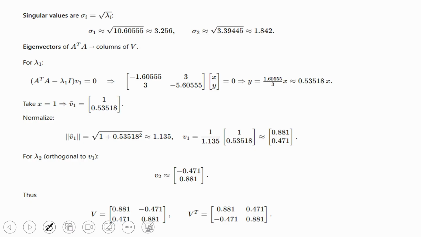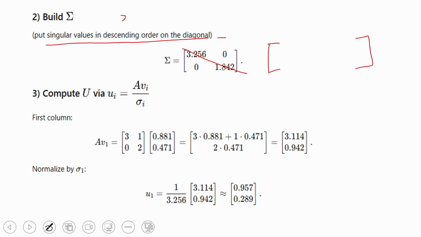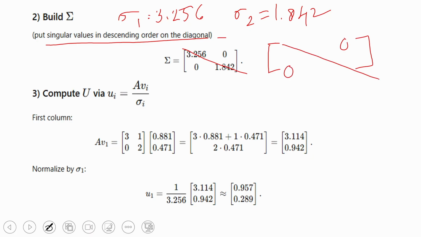The first singular value is 3.256 and the other one is 1.842. So Sigma 1 equal to 3.256 and the other sigma value is 1.842. The other values are 0, 0. You need to put values in this diagonal. The higher value goes first, so put 3.256 here and put 1.842 here.